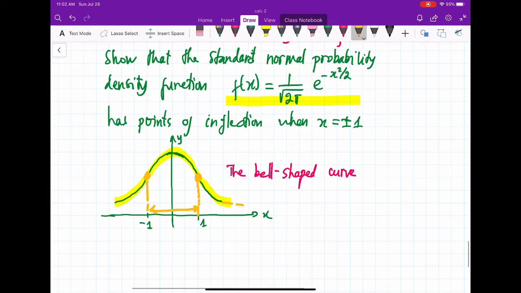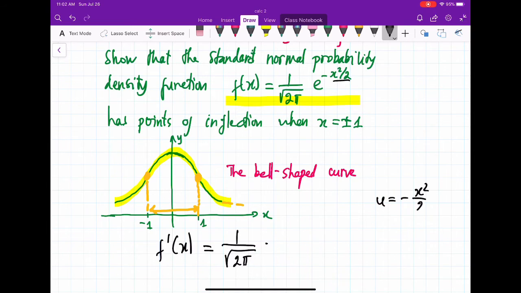In order to check points of inflection, we need to find the second derivative of such function. So I have to take the first derivative, f derivative of x. So this is 1 over square root of 2 pi in here. And then I need to use the chain rule. In this case, u is equal to negative x squared over 2. Okay, so e to the negative x squared over 2 times u prime.